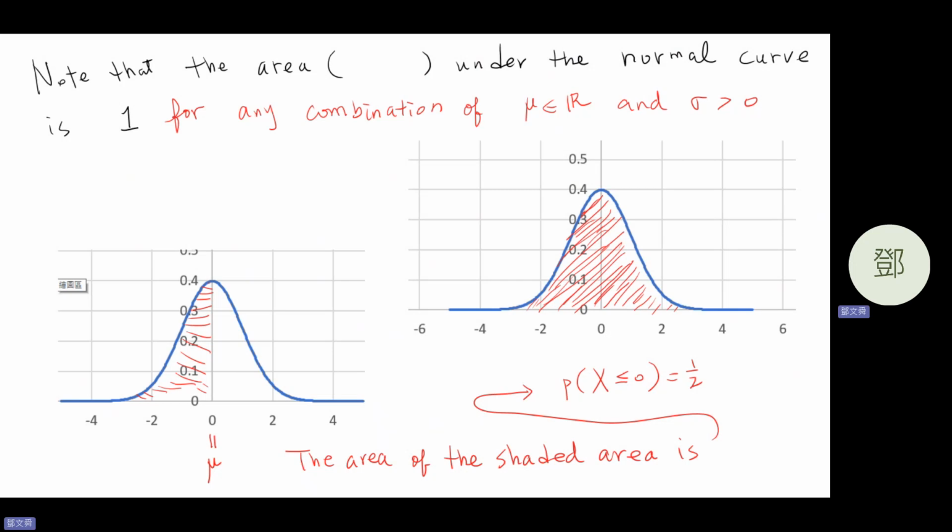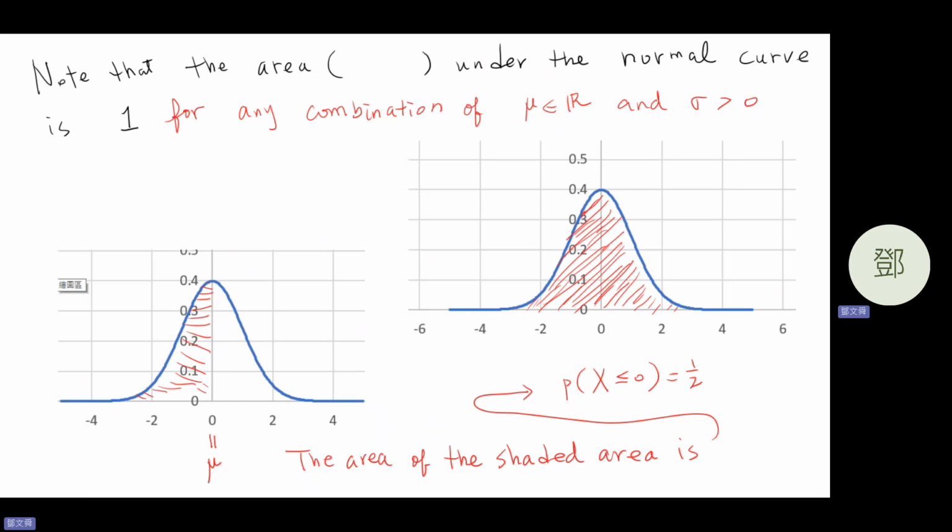So here mu splits the distribution into 2 equal halves, right? Understand? So it is easy. The total area is 1, and the half of the area is 1/2.